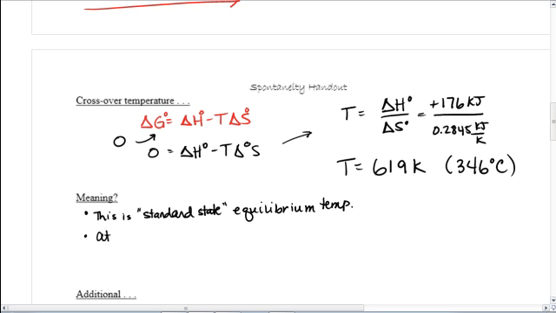And it also means that if you're at 619 Kelvin and you mix reactants and products at standard states, so you take the ammonium chloride and you take 1 atmosphere of HCl and you take 1 atmosphere of ammonia and you put them all into the same container, it will be at equilibrium.